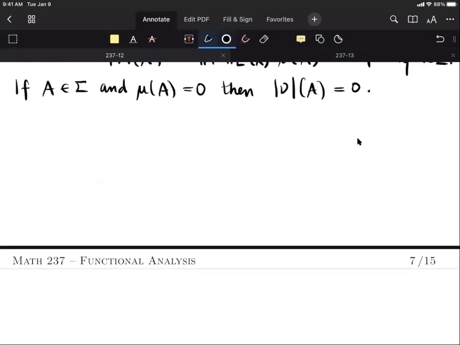Okay, now also we have mu to be less or equal to, according to the definition of the total variation measure, you have this. Okay, so applying the additivity of mu, you can show this easily.